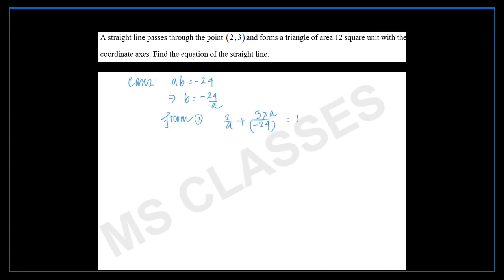Now this gives us 2 by A minus A by 8 equal to 1. Now this gives us 16 minus A square equal to 8. And from this we can say A square plus 8A minus 16 equal to 0.